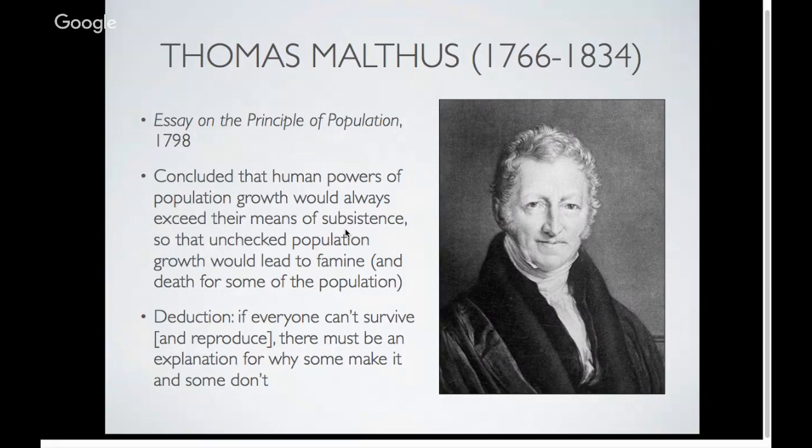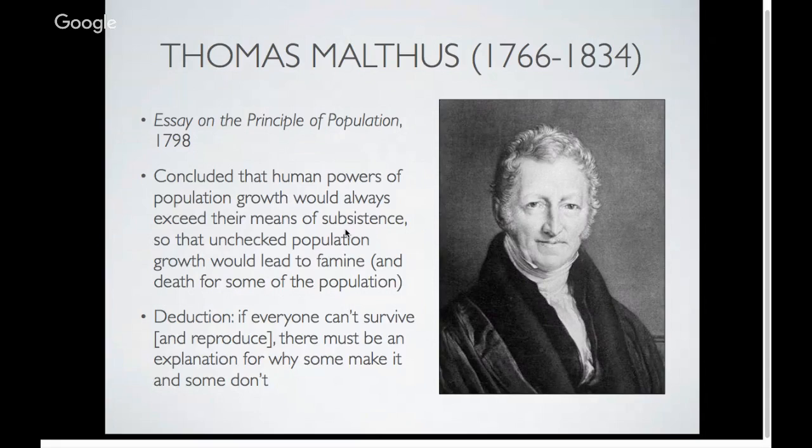But he made an argument that really resonated with Darwin and also with Wallace, both of whom read his book. Basically, if you take Malthus's argument and you extend it, then it becomes clear that in a context where you have population growth outstripping the resources like food and water and territory that the individuals in that population will need, eventually some of the members of that population are going to live and some of them are going to die.